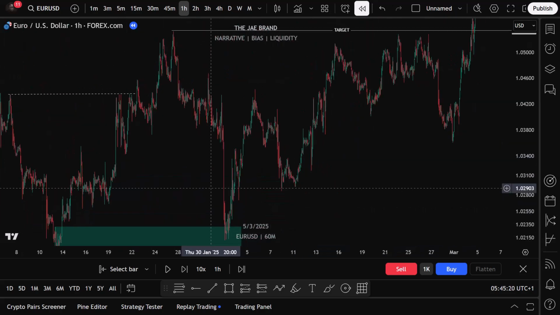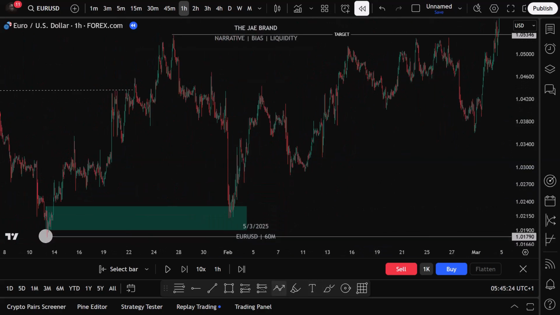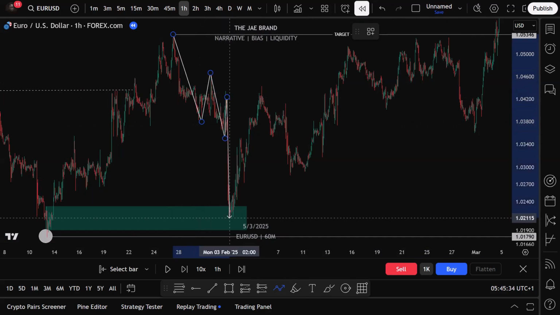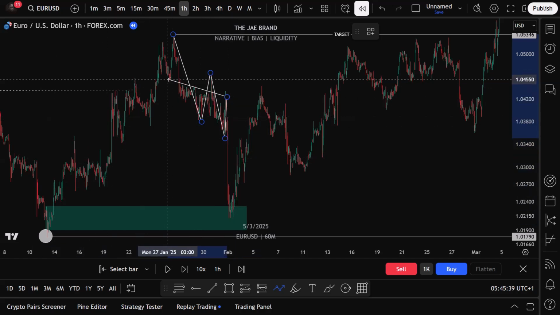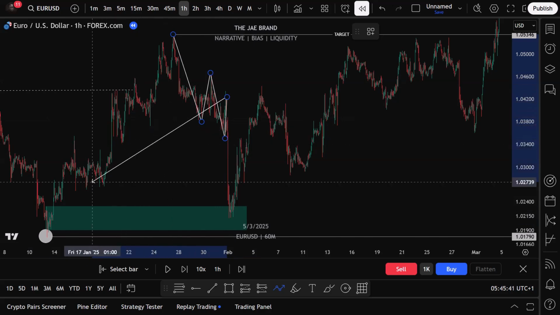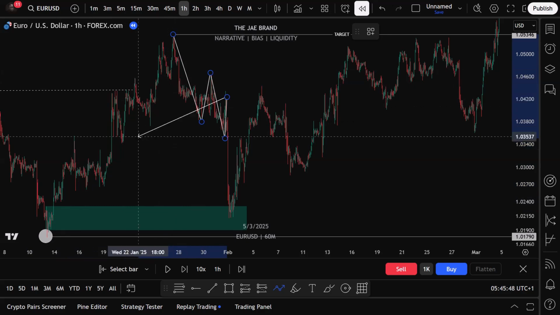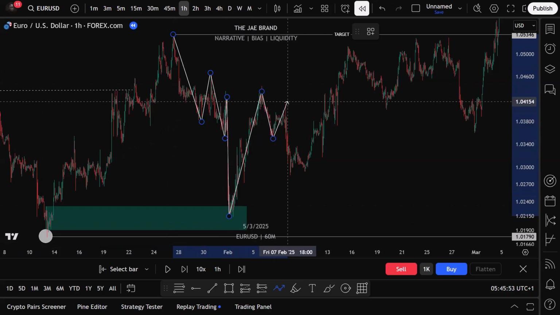Price came, trended down, created this series of highs and lows, came to this area, taking out all these internal structures, used them as liquidity to fuel its price back to the upside.